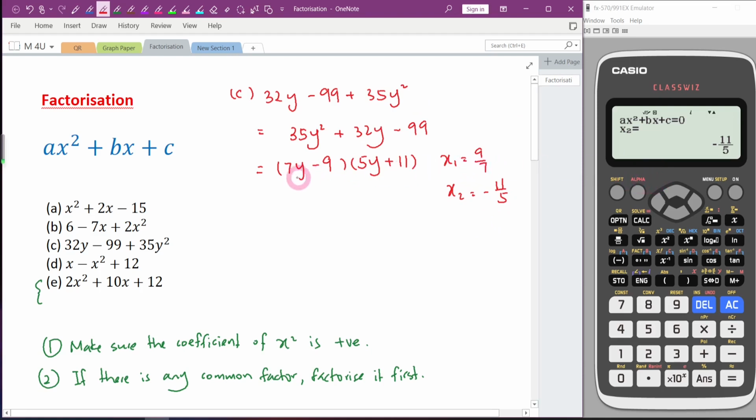If you want to double check, you can do expansion. Let me show you here. Let's expand it. We should be able to get back this 7y minus 9, 5y plus 11, 35y squared. Positive, positive, we get positive.